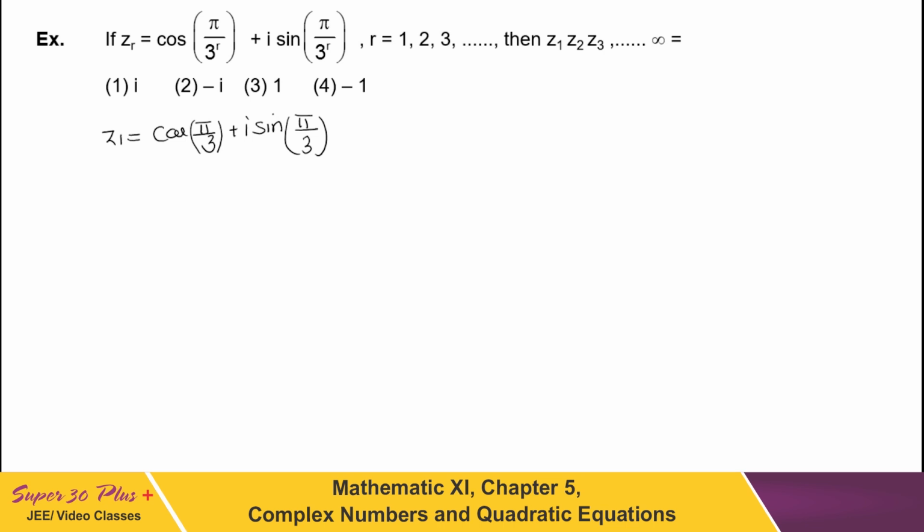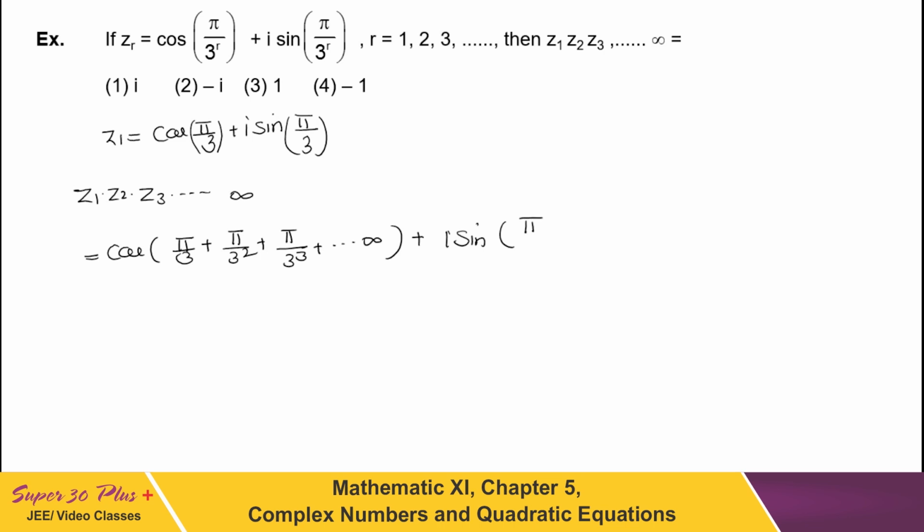So we are going to find the value of z1 into z2 into z3 and so on up to infinity. As we know, according to De Moivre's theorem, arguments will be added. So z1 z2 z3 is equal to cos of (pi by 3 plus pi upon 3 squared plus pi upon 3 to the power 3 up to infinity) plus i sin of (pi upon 3 plus pi upon 3 squared plus ... up to infinity).